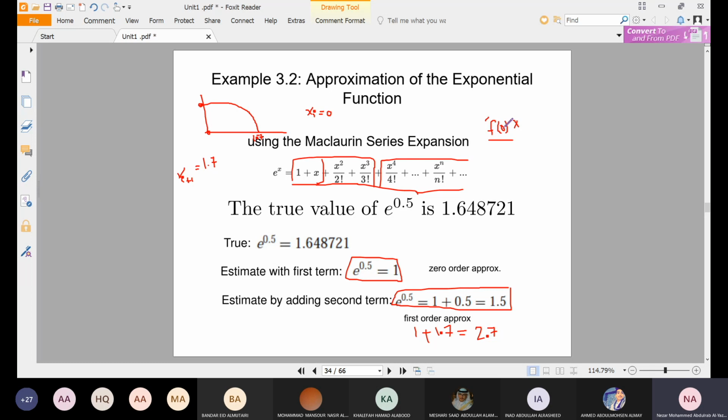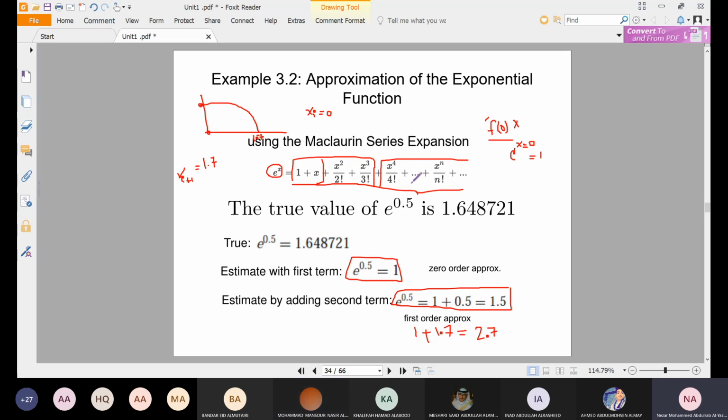Here this derivative is the derivative of this function, and we know the derivative of exponential x is equal to exponential x. Am I right? Yes. After that, x equals 0, so substitute x equals 0. This will equal 1, so that means this is multiplied by 1. All of them are multiplied by 1 because for all the derivatives, from the first derivative to the n-th derivative, the value of the derivative equals 1. So we write the equation in this form.